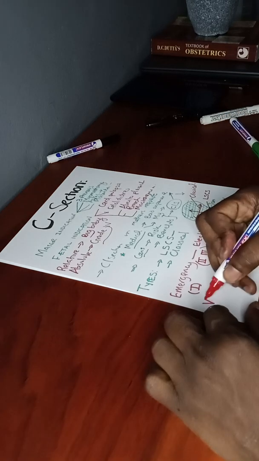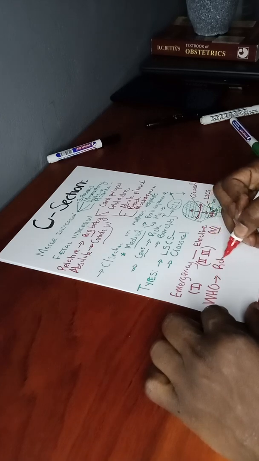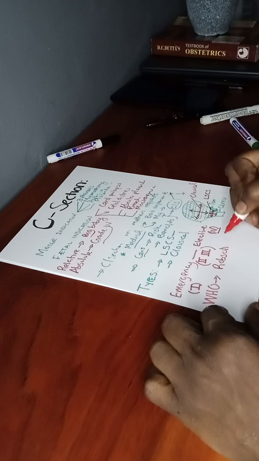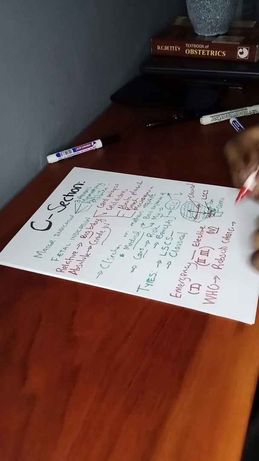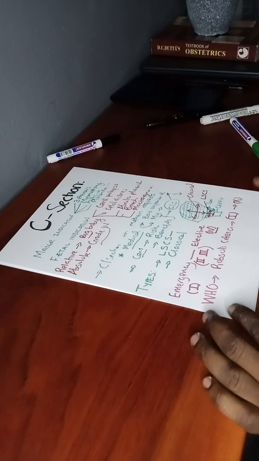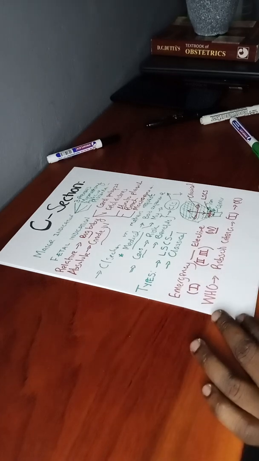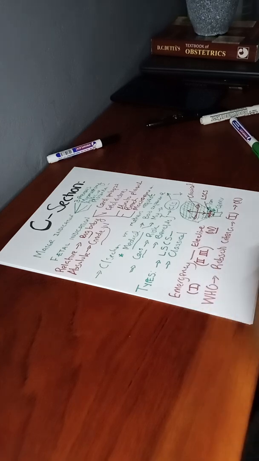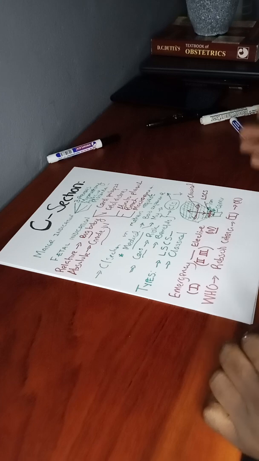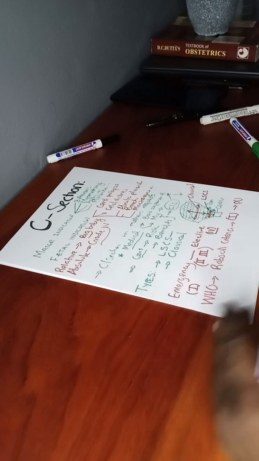The World Health Organization wants us to classify cesarean sections using what is called the Robson criteria. So the Robson criteria classifies cesarean sections into 1 up to 10 categories. This categorization uses normal labor ward information. So why WHO is doing that is that we can all use the normal information that we get from women in labor ward to classify cesarean sections, and therefore we can compare who's doing what cesarean sections and for what indications.